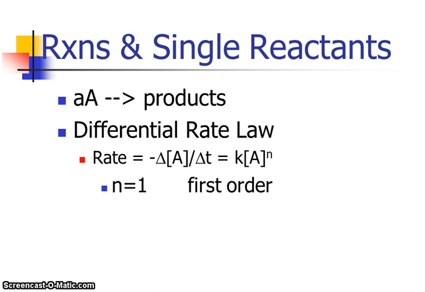And remember again that if n equals 1, we say a reactant is first order in the reaction, which means that the change in concentration is directly proportional to the rate.